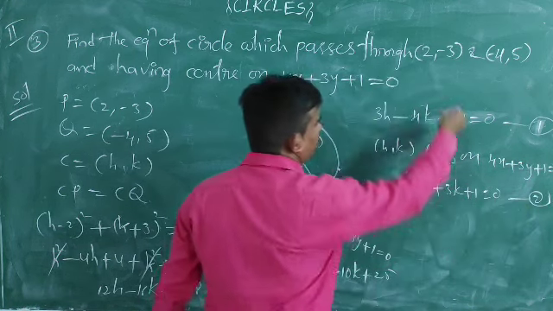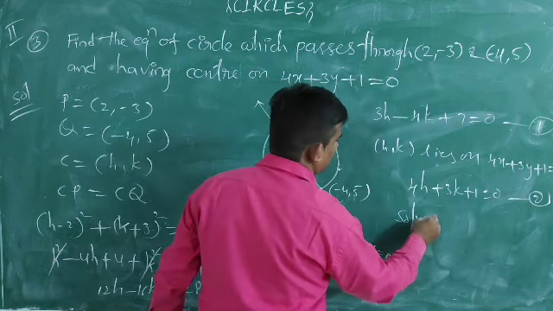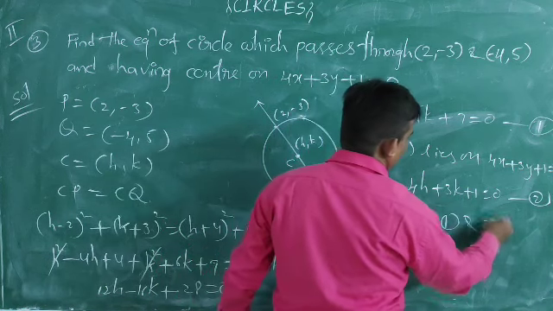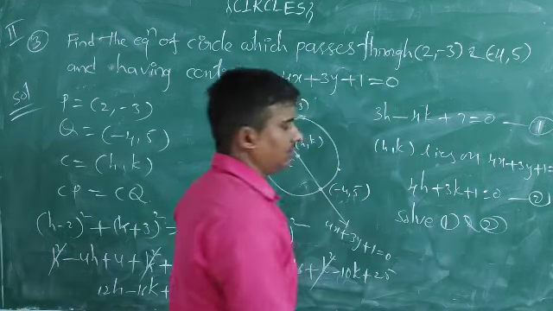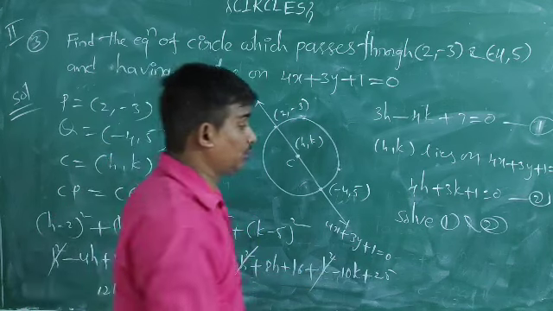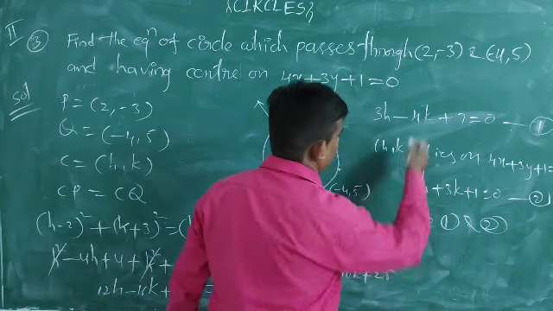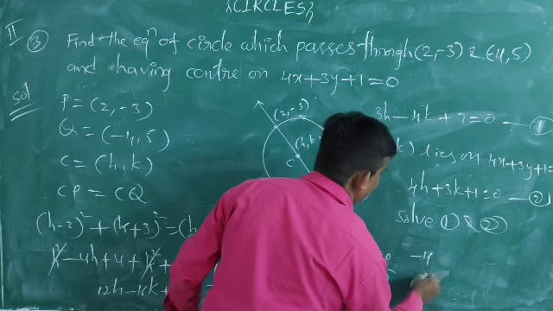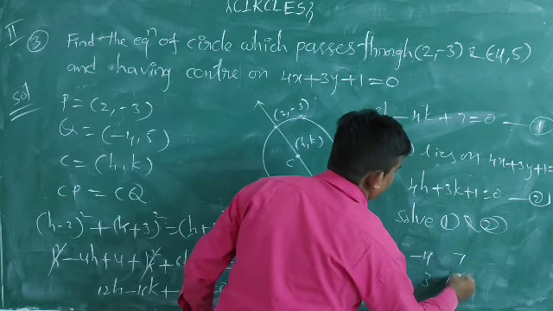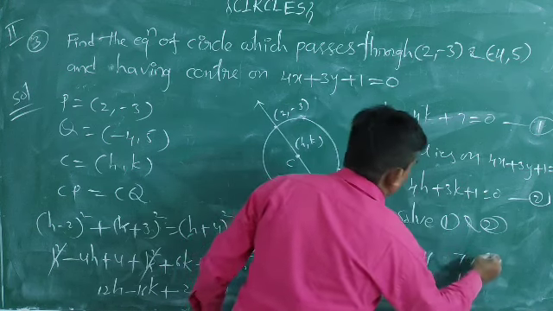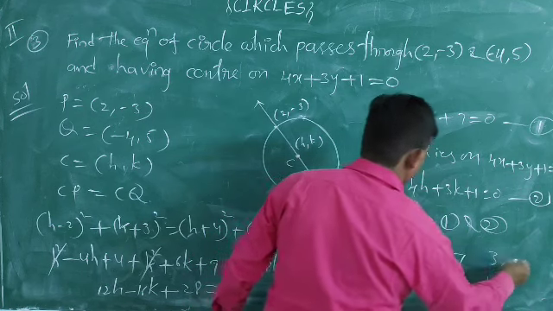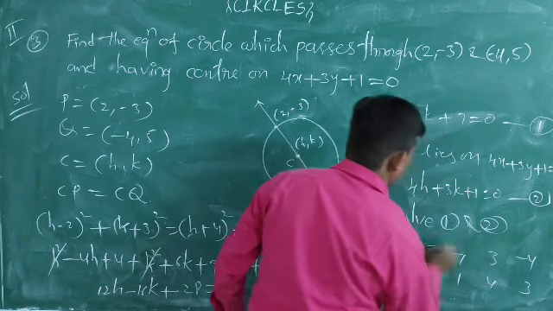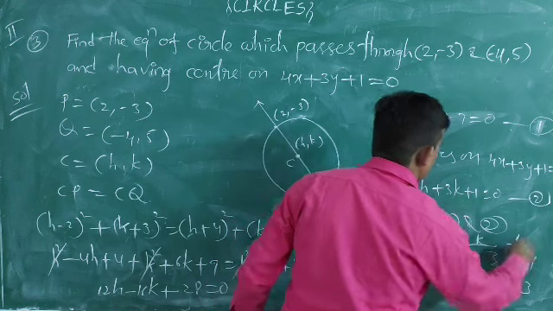By solving these 2 equations, 1 and 2, we get our values of h and k by using the cross multiplication method. The coefficients are 3, minus 4, 7 and 4, 3, 1, and again we repeat 3 and minus 4, and it is h, it is k, it is 1.